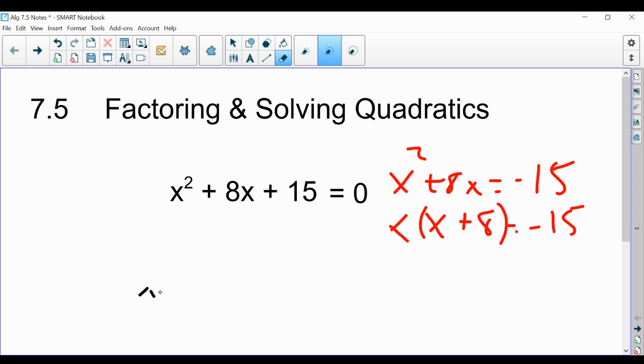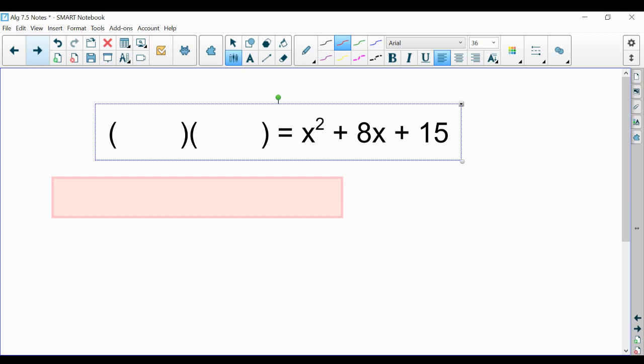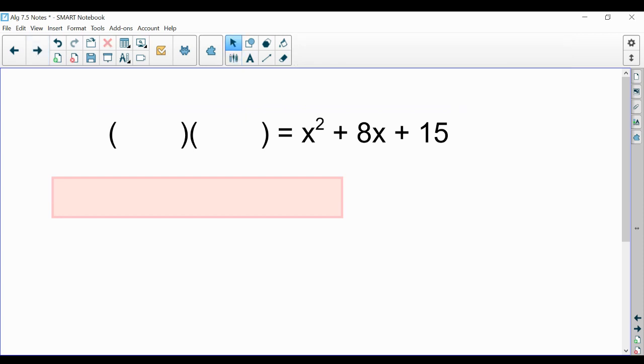And so we're going to have to go back and think about what we've done in the past where we've seen quadratics like this, degree 2 trinomials. And what we've seen before is that this is usually the product of multiplying binomials together.